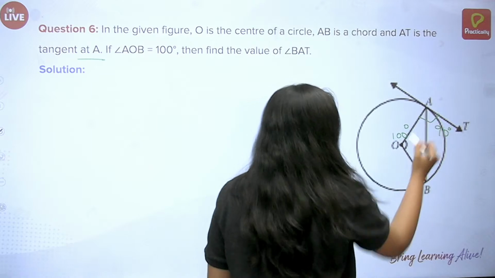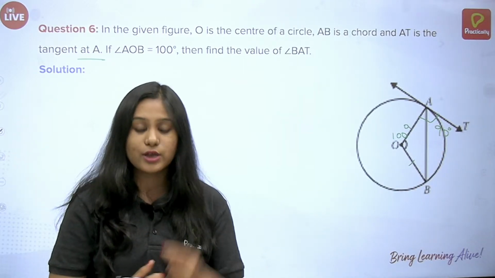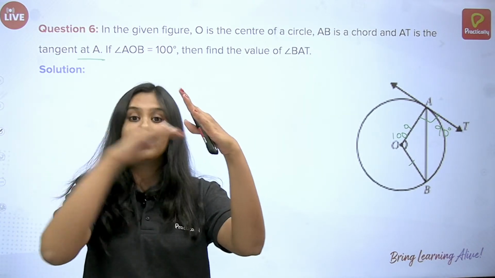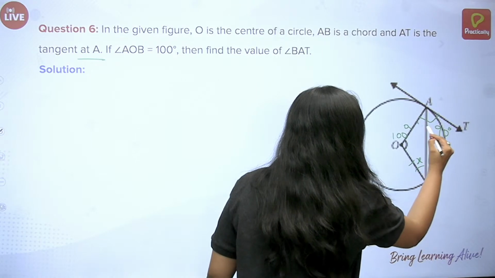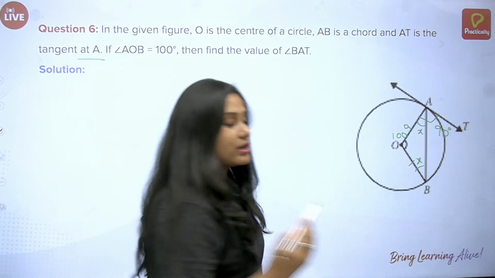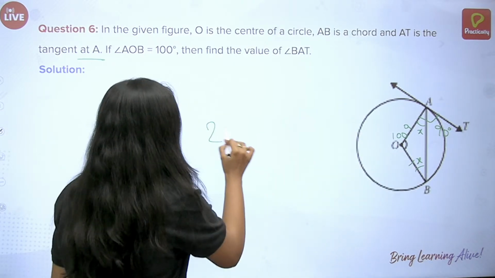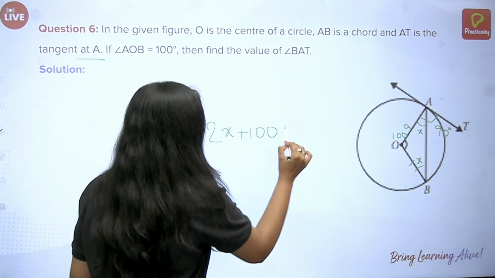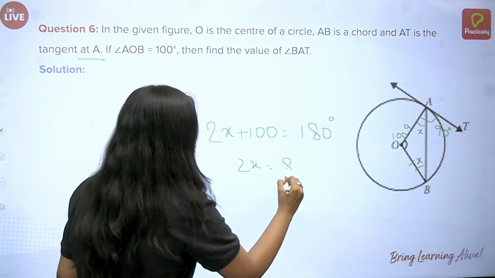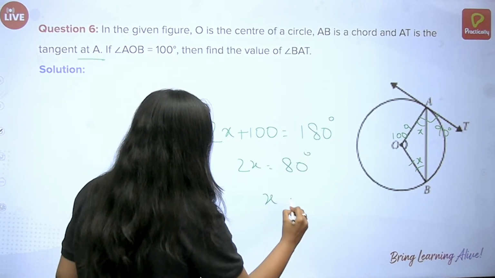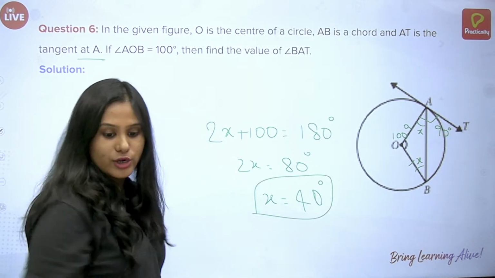Now, OA is equal to OB. If two sides of a triangle are equal, base angles are equal. So this will be x, this will be x. Now, apply the angle sum property of a triangle. 2x plus 100 equals 180 degrees. 2x equals 80 degrees. x equals 40 degrees.